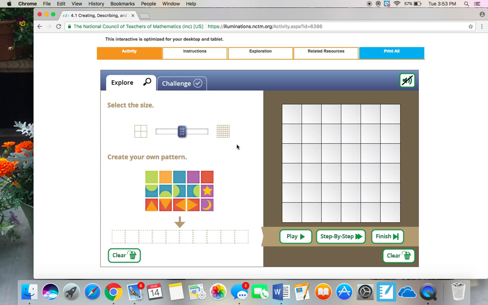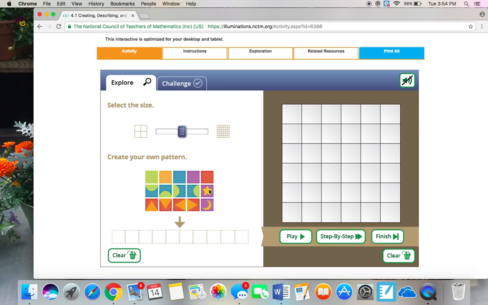You can use more complex patterns instead of the simple AB, ABB, ABC types of patterns. You can start drawing in more components. You could start having requirements for students, such as create a pattern whose 18th square is green. Now that could be challenging because as you see down here, we do not have 18 tiles to lay out.